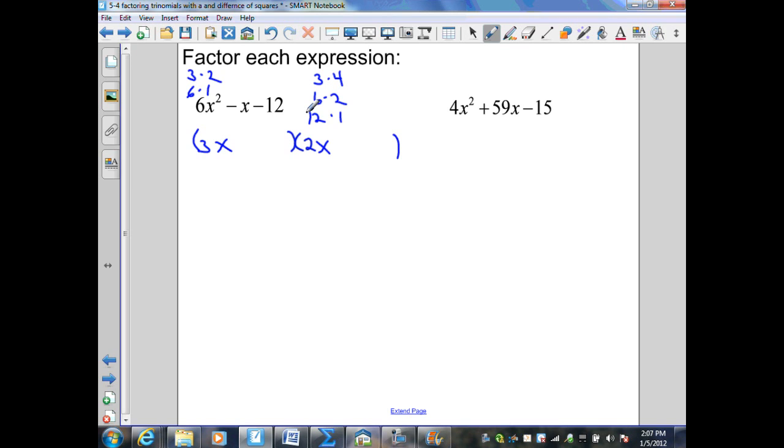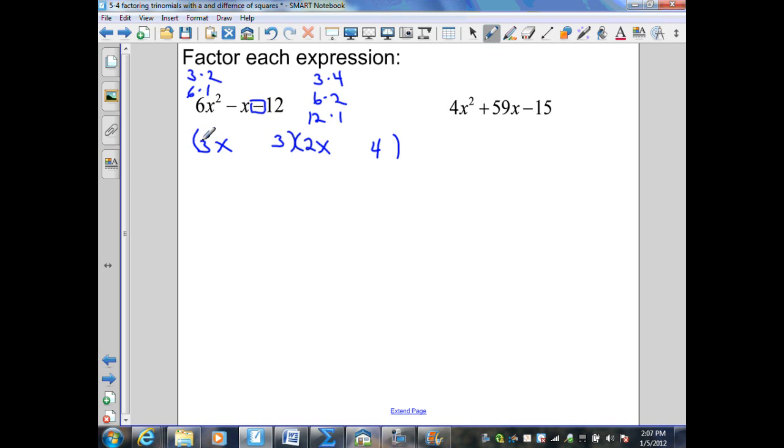Let's take a guess and go with 3 and 4. I know from my original expression that I need to subtract my outer and inner terms to get my middle term. And I know it's going to have to be a plus minus or minus plus to get a negative 12.